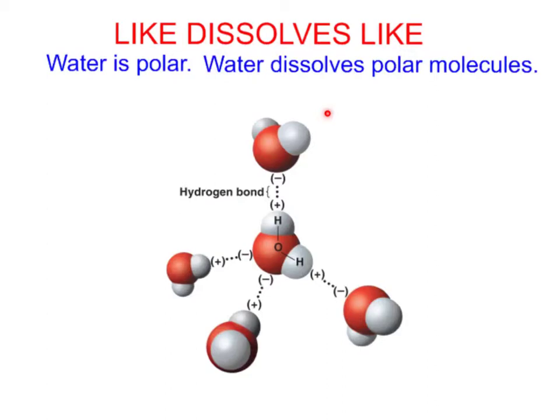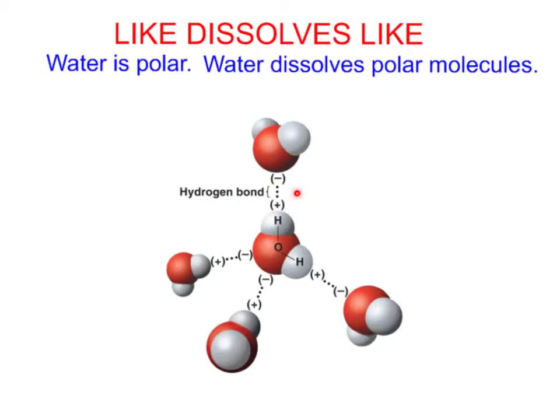And this is what is happening in a solution. We have other ions or other particles coming in, and unless they can adequately replace some of these hydrogen bonds, they will not be able to dissolve in that water solution.